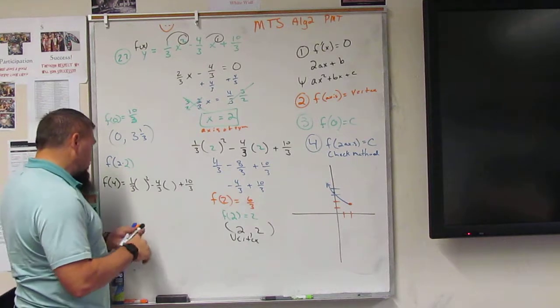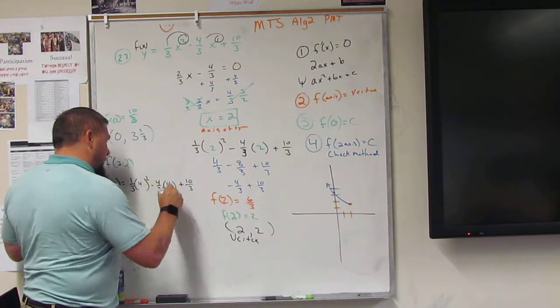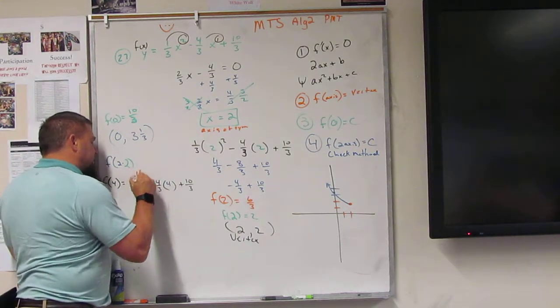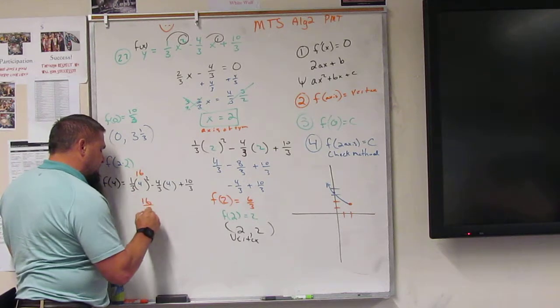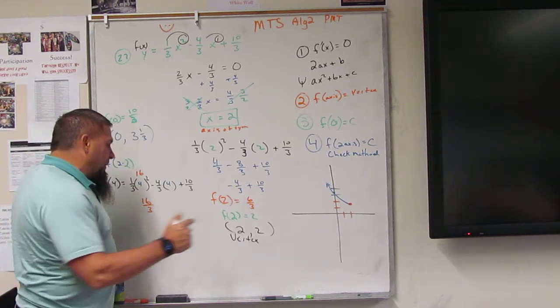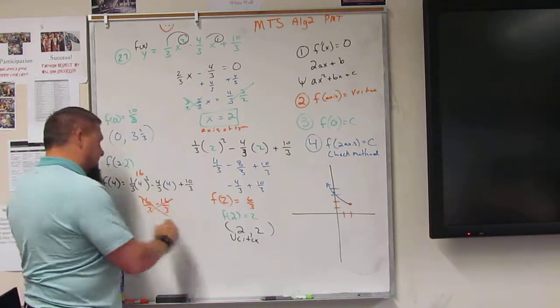In this case I'm plugging in a 4 and a 4. When I take this 4 and square it, I get 16, so I get 16/3. Well, that's a nasty number. But what's cool is I get minus 16/3, and that's okay because they just cancel.